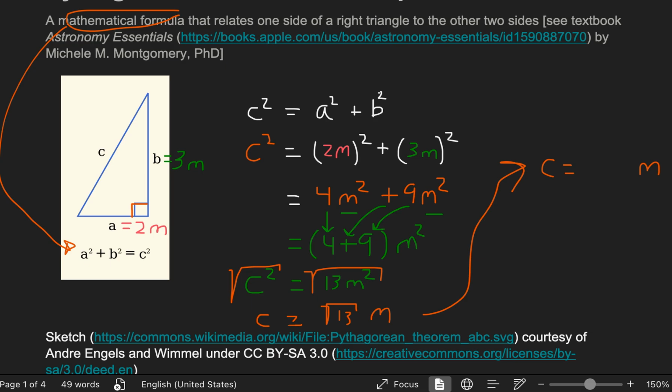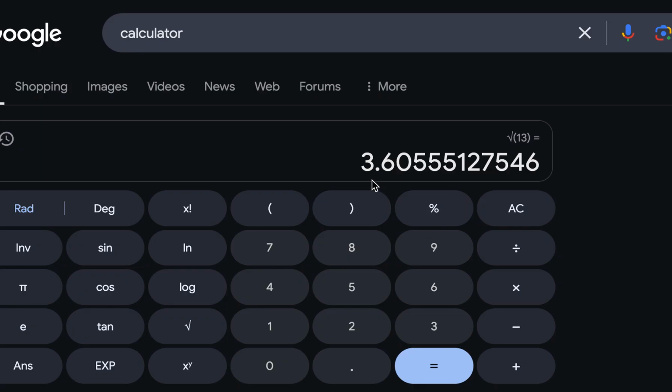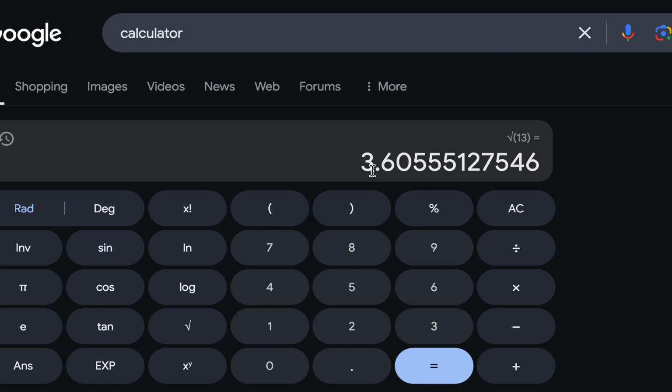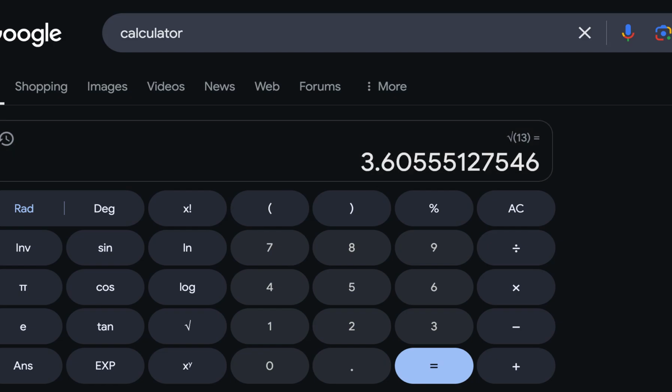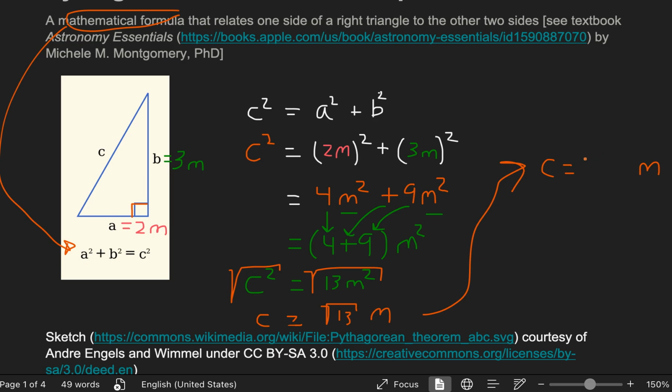Therefore, we only want 2 numbers in our answer. So we're just going to take the 3.6. So our answer of the square root of 13 is 3.6. So the length of C is 3.6.